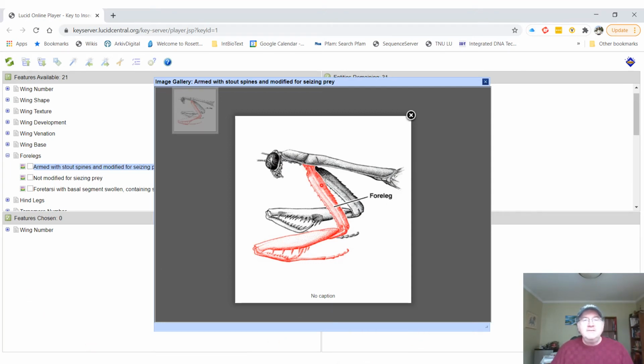And so here we see "modified, armed with stout spines and modified for seizing prey." Of course, they're looking at a praying mantis, but it gives you an image of what they're talking about here, with the foreleg both labeled and highlighted in red color. Now let's select that option.